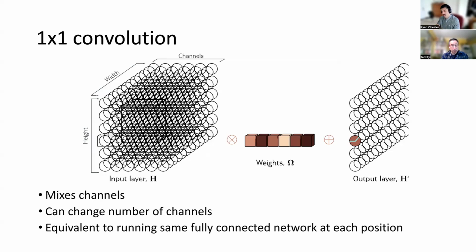So one by ones are used extremely commonly in a lot of these networks because it's almost a utility thing, saying I don't care about the XY, just change the number of channels that I have in some intelligent way. So merge these or expand them so that I can line things up in terms of dimensions.